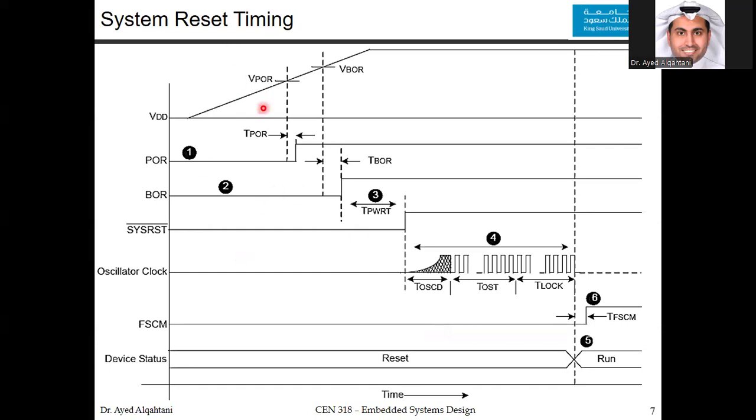This is a detailed timing diagram where it shows you all the required detail. Some of them we already discussed. The VDD goes up here, and you have two thresholds, the VPOR and the VBOR, one for the power on reset and one for the brownout reset.